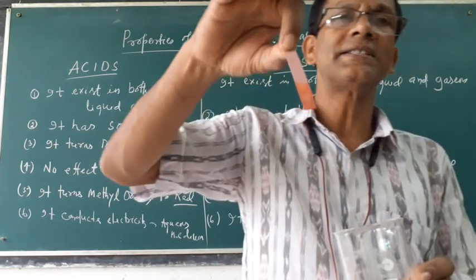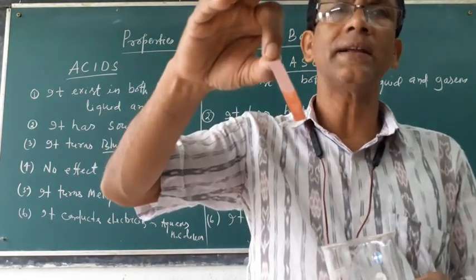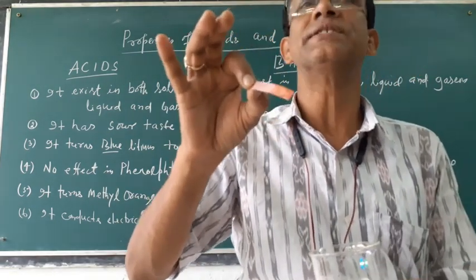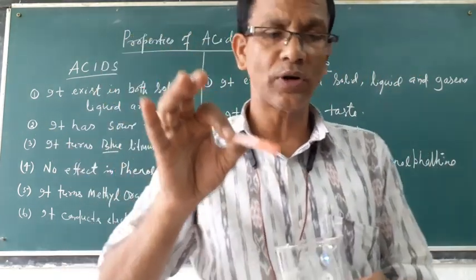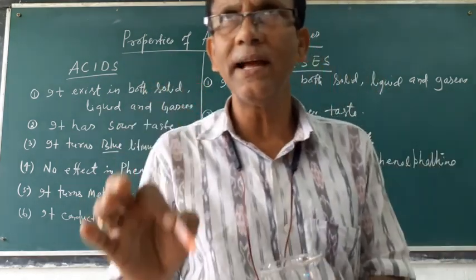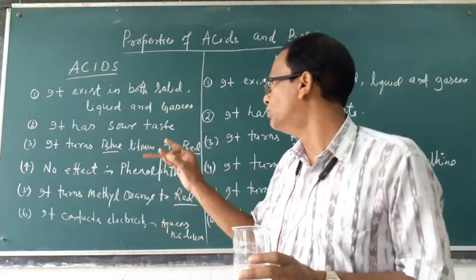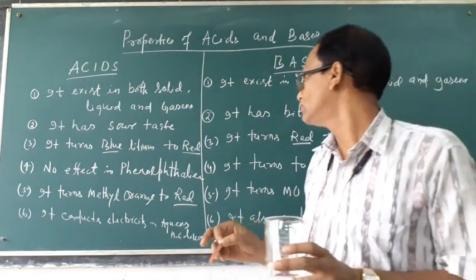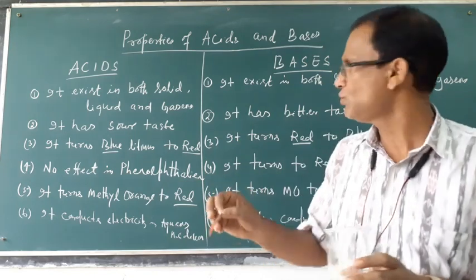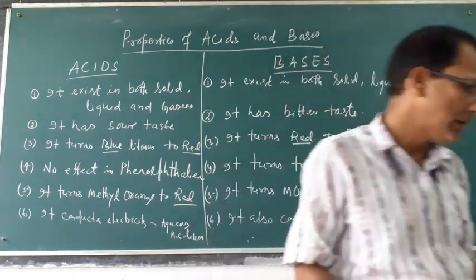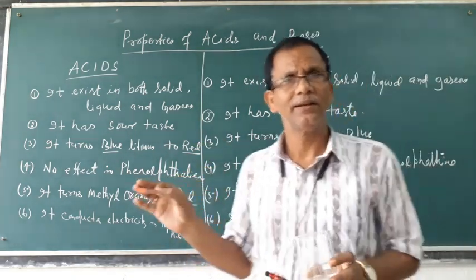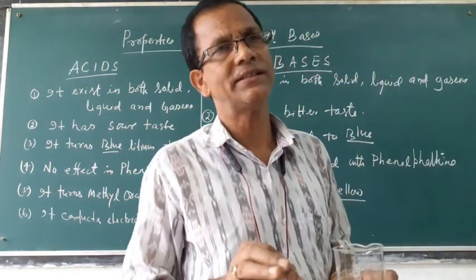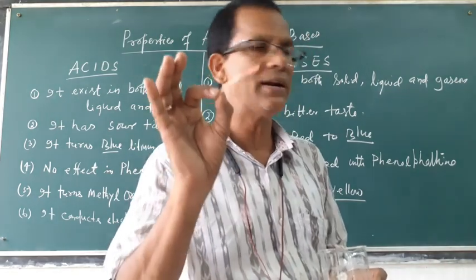The color remains the same. Red remains red in acid. That means there is no effect on red litmus in acid. This is the very important characteristic of acid, that it changes blue litmus to red, and has no effect on red litmus.